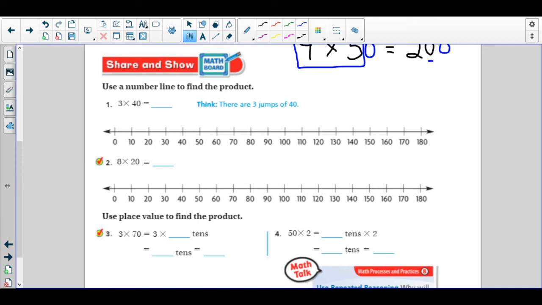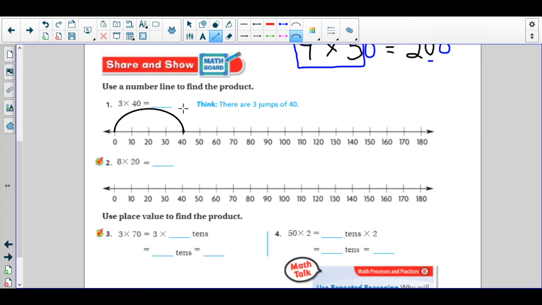All right, you're back, which could only mean one thing. You are finished and ready to check your work. So 3 times 40. The best way, if we're going to model this on a number line, is that we're going to make 3 jumps of 40.